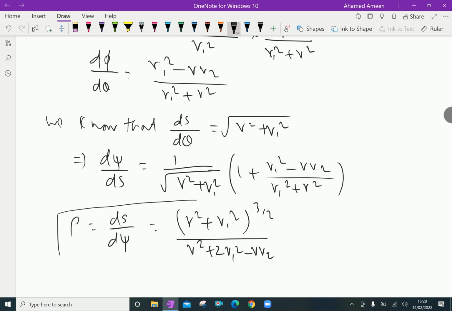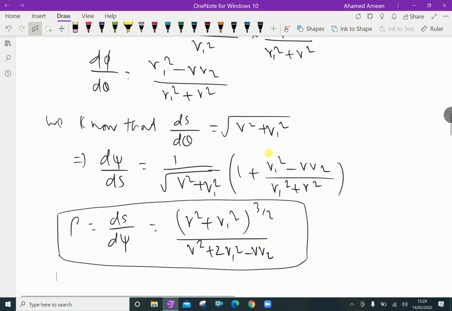This is the radius of curvature of a polar curve. That means we simplify, and we have the square root of r squared plus r1 squared with power 1, so it becomes power 3 by 2. Then we have the reciprocal, ds by d psi, which is the radius of curvature.